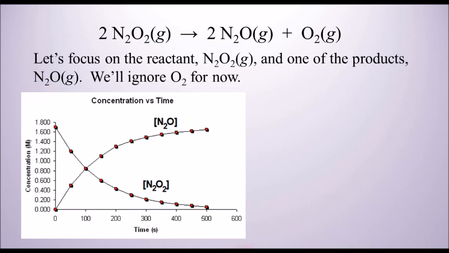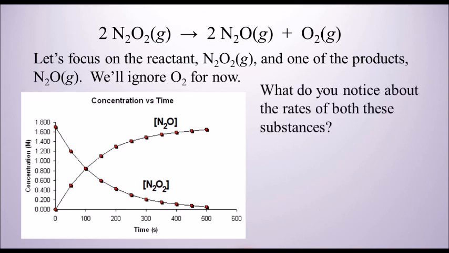As you take a look at this, what do you notice about the rates of both of these substances? Well, it's interesting that the dinitrogen monoxide, the N2O, is a product, so it starts at a very low, 0 concentration, and then it goes up. We look at the curve there, and we see that it has a certain curvature to it. And then we look at the N2O2, which is the reactant.